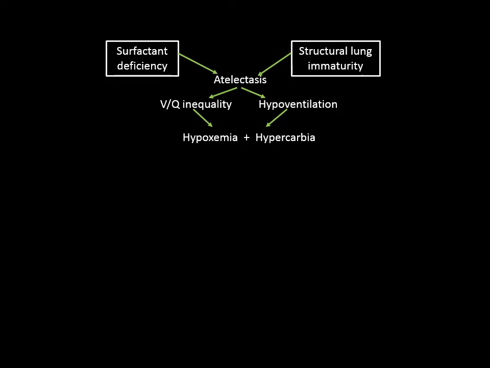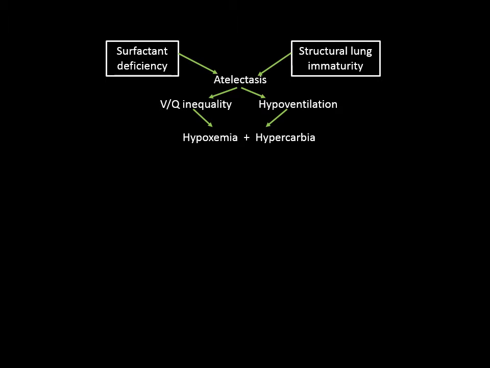Deficient synthesis or release of surfactant, and structural lung immaturity, together with small respiratory units and a compliant chest wall, produce atelectasis and result in perfused but not ventilated alveoli, causing hypoxia. Decreased lung compliance, small tidal volumes, increased physiologic dead space, increased work of breathing, and insufficient alveolar ventilation eventually result in hypercarbia.